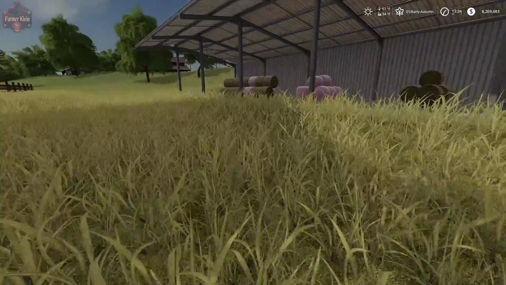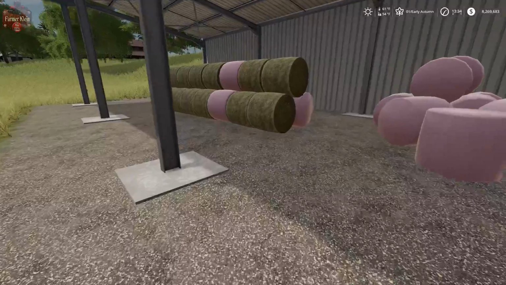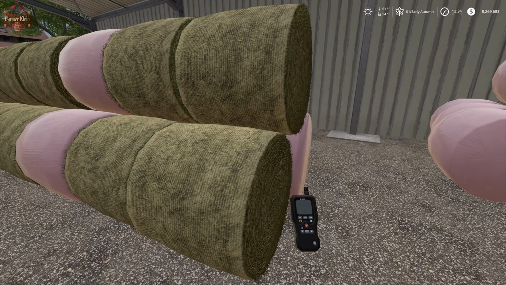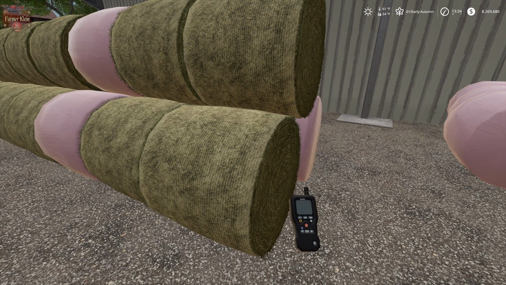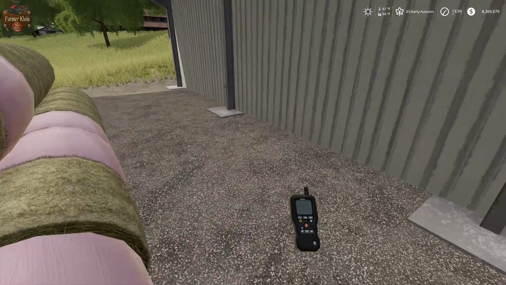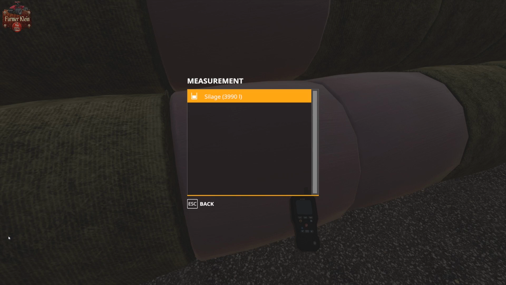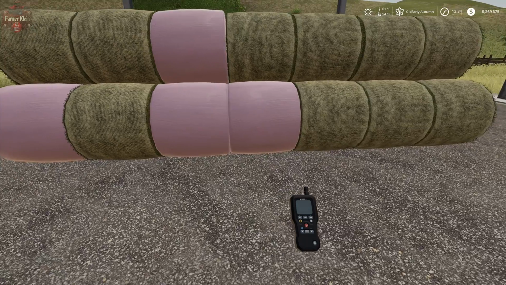Already demonstrated that we can measure the contents of a bale, but we'll go ahead and do that again. So you see this is a 4,000 liter hay bale. See, this is a 3,990 liter silage bale.